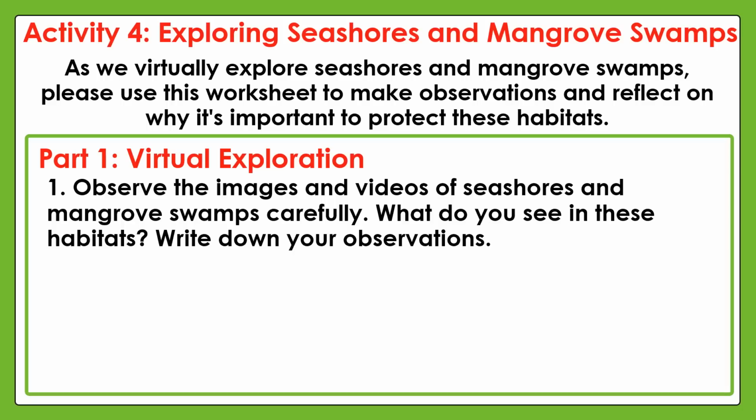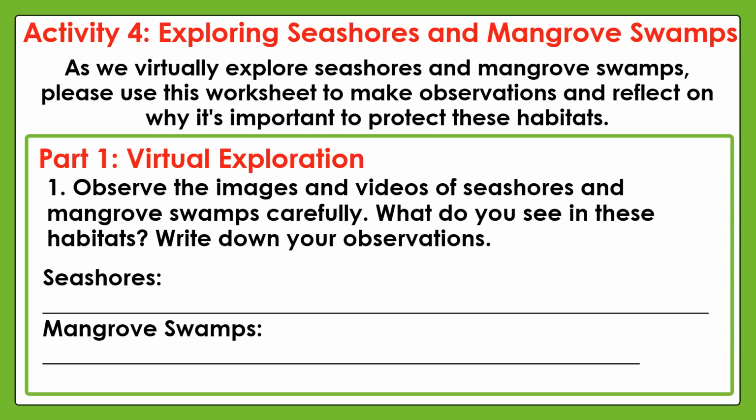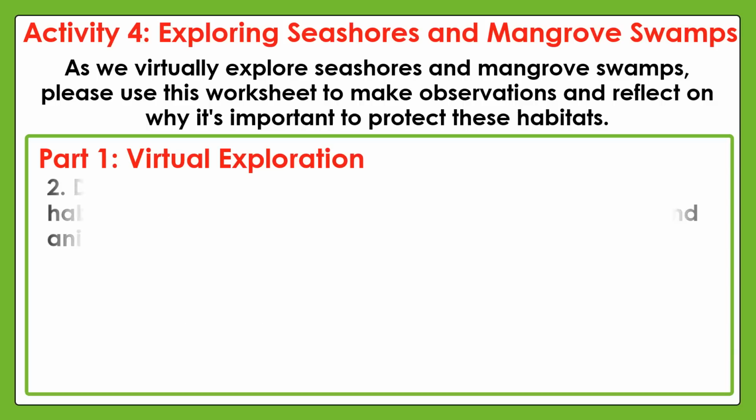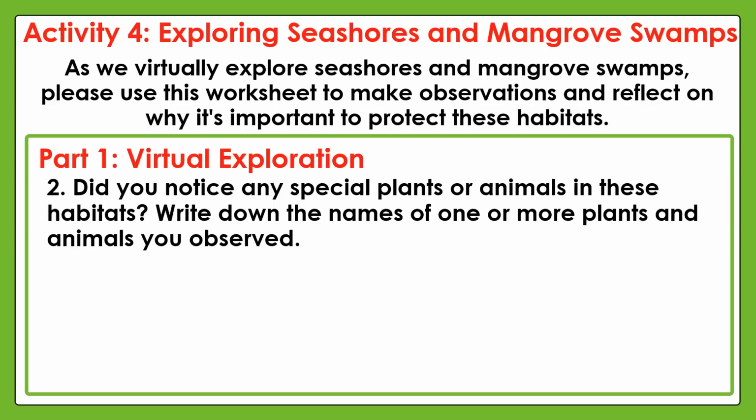What do you see in these habitats? Write down your observations. 2. Did you notice any special plants or animals in these habitats? Write down the names of one or more plants and animals you observed.